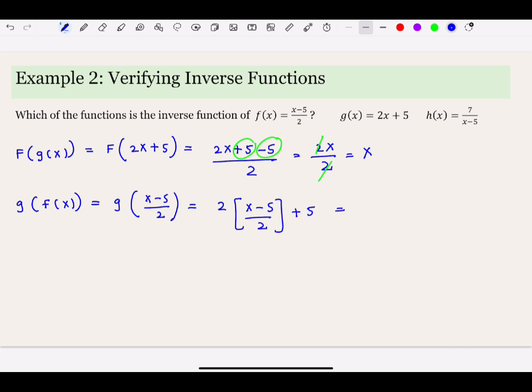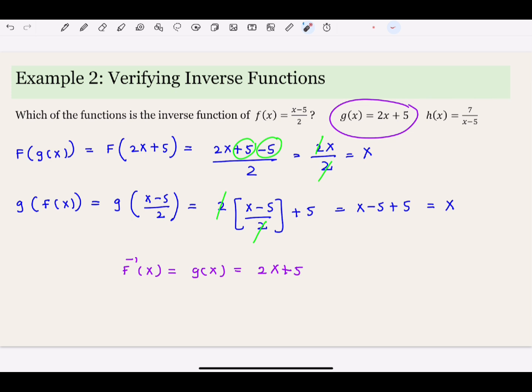So here the 2's will cancel out and you have x minus 5 plus 5. So the 5's will go away, and you have x. Okay, this is really good. So both compositions give back x. So that means g is the inverse of f of x. So you can write here the inverse function of f is equal to the g function, which is equal to 2x plus 5.